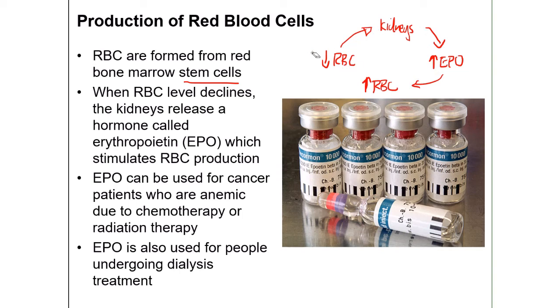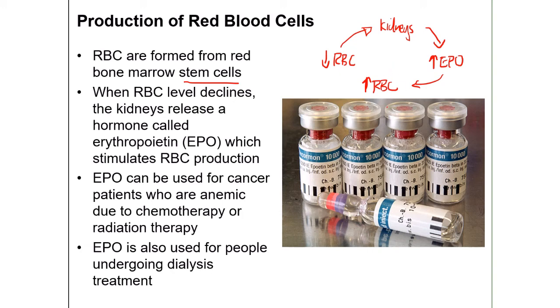So the trigger is going to cause a series of events that would result in the opposite event taking place. So you have low RBC, then the hormone is going to cause you to have high RBC. Okay, so that's an important pathway to maintain homeostasis.